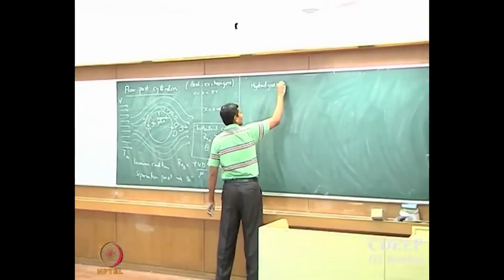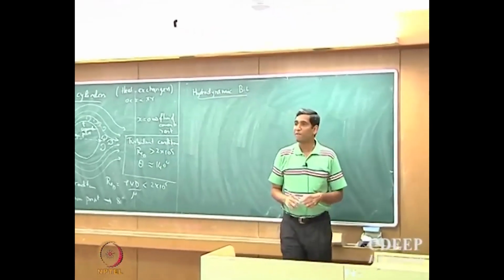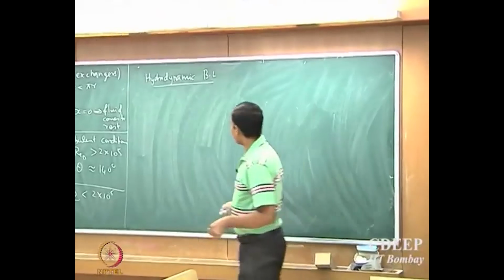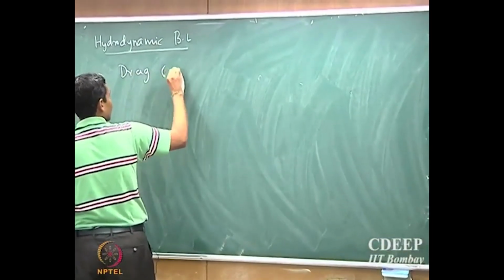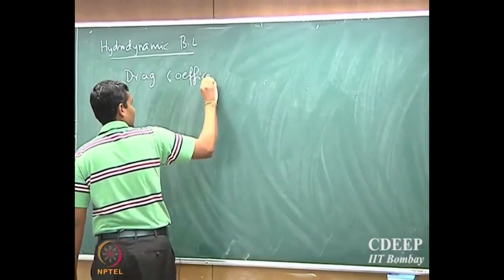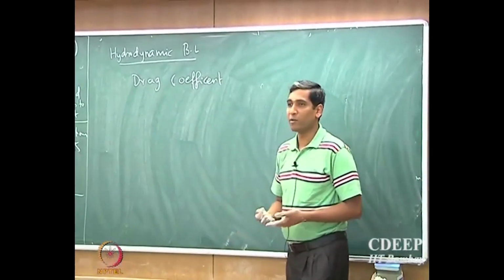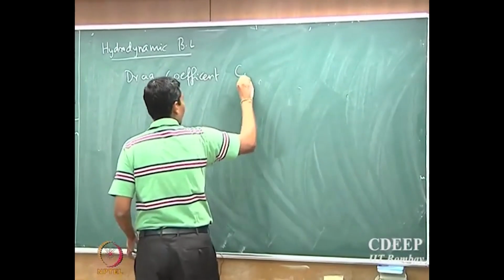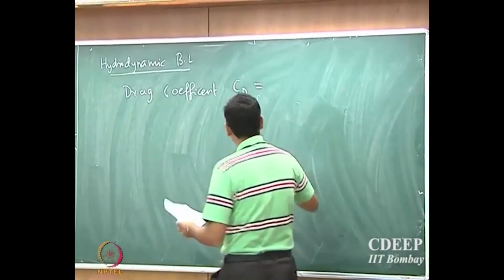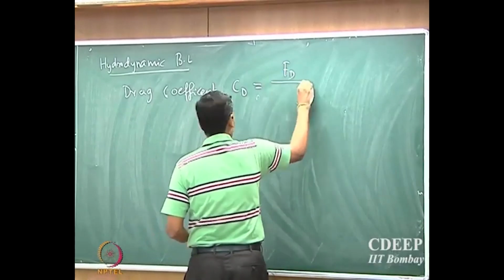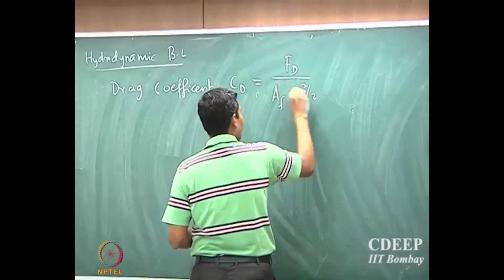So the hydrodynamic conditions, boundary layer. Similar to the friction coefficient, here what you have is called the drag coefficient. It's very similar to the friction coefficient that was defined earlier. It's called CD, and that's given by the drag force divided by AF rho V square by 2.